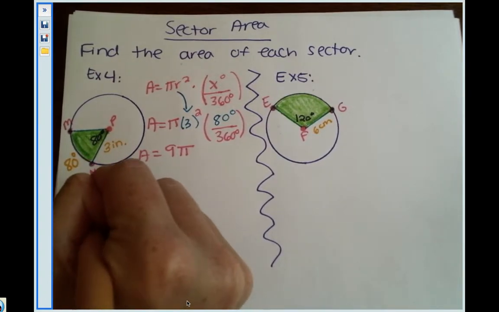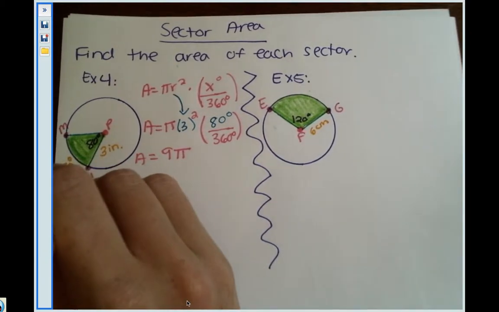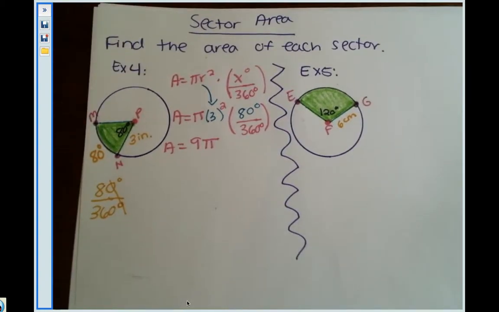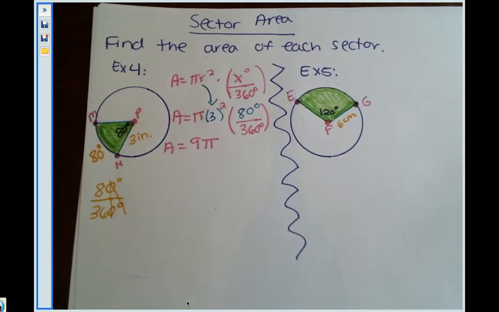They both have a 0 in them, so if I divide by 10, it makes one 0 go away in each of them. So I'm looking at 8 over 36.